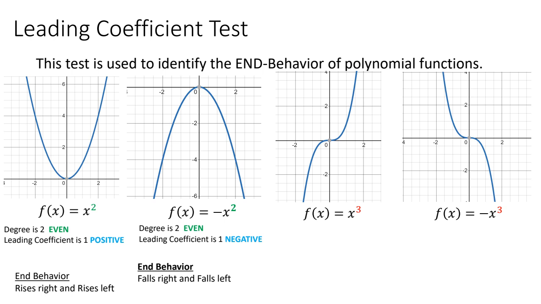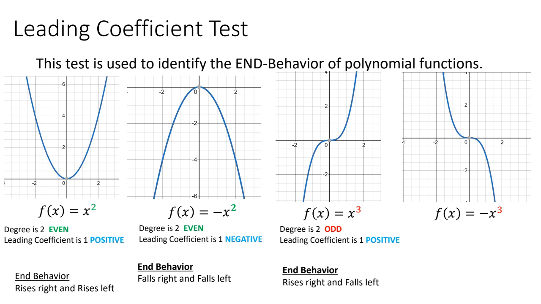Now let's look at the odd. This is an odd polynomial because again, my degree here is 3, and 3 is an odd number. If my leading coefficient is positive, the end behavior for an odd function with a positive leading coefficient is going to rise on the right and fall on the left.